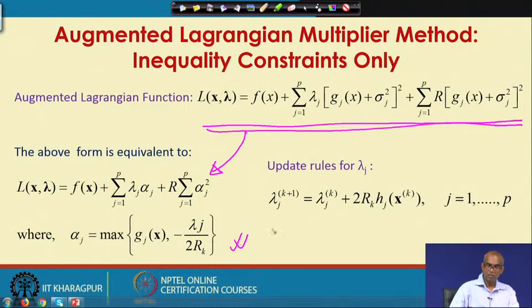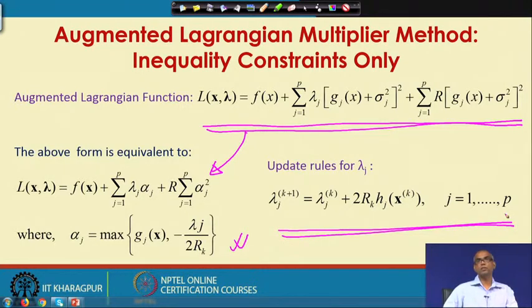Again, you follow similar update rules for the Lagrange multiplier at each step.